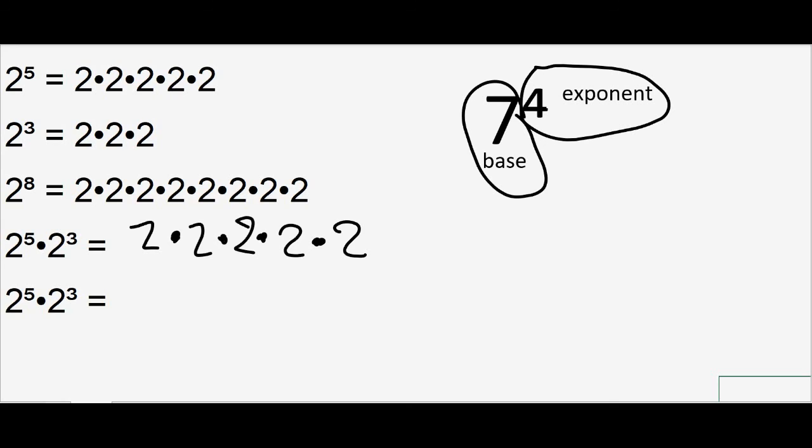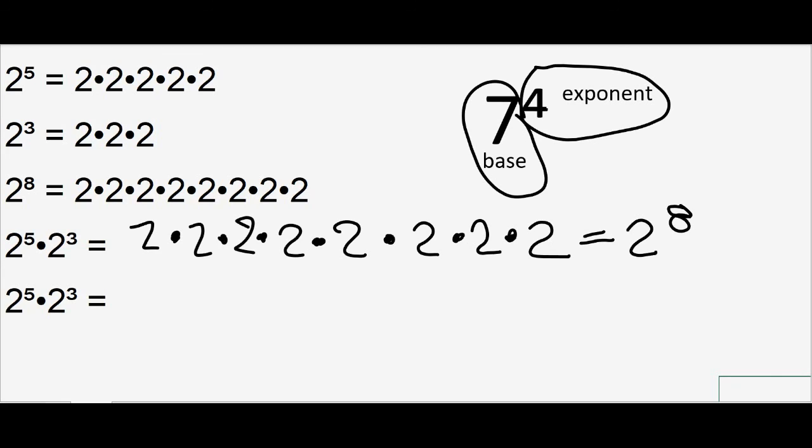I've multiplied 5 2's together, and I'm going to multiply that by 3 2's that are multiplied together. And when I do that, you see all of a sudden that I have 8 2's multiplied together. So 2 to the 5th times 2 to the 3rd is 2 to the 8th.